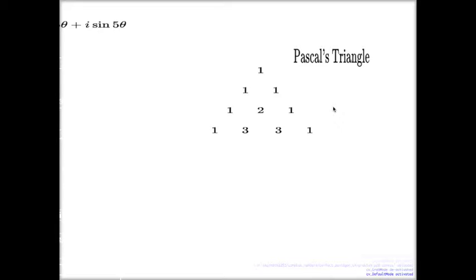We build this up to level 5 because we need the expansion for level 5. So level 4 is 1, 4, 6, and by symmetry here will be 4 and 1. I'll no longer write this. And the fifth level is 1, 5, 10, and by symmetry will be 10, 5, and 1.